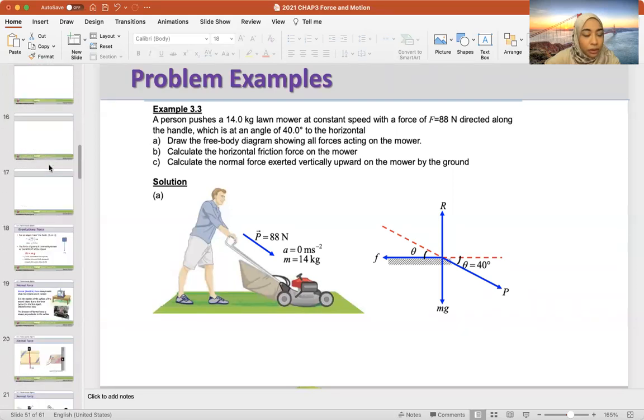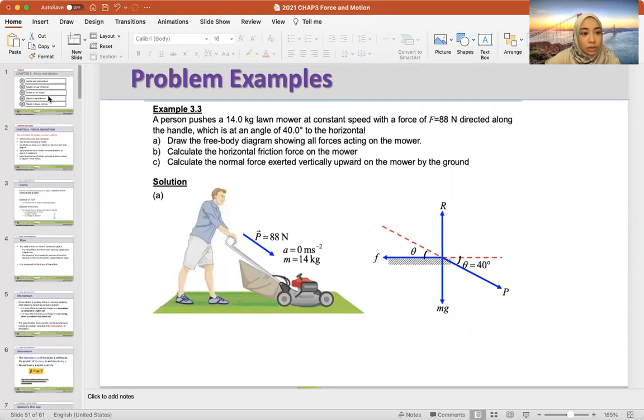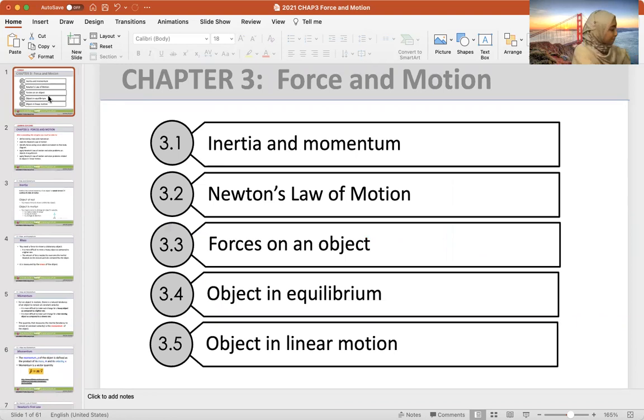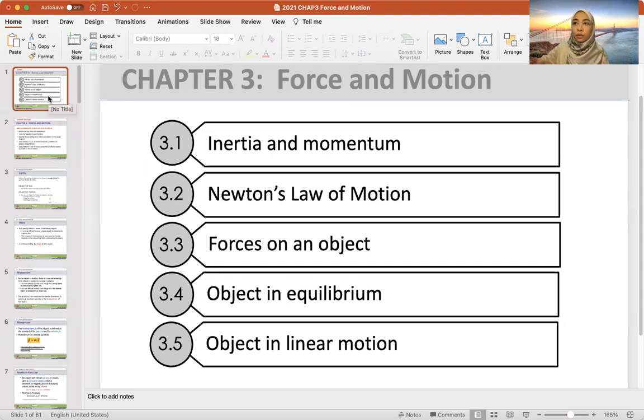Okay, so now we are going into chapter 3 actually. Chapter 3 is pretty interesting in my opinion. What's not interesting about physics? Previously we talked about projectile motion, and I think that was cool because you get to know your landing speed, how far your ball will go if you throw a ball.